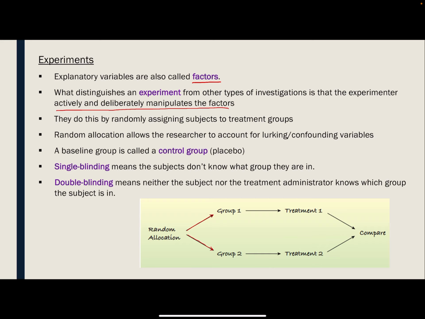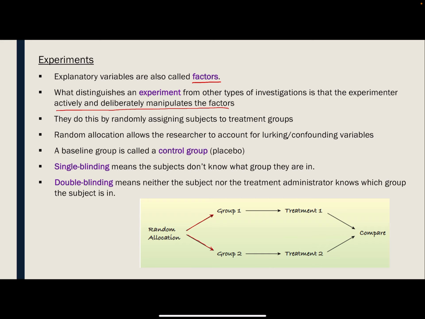So for example, right now there's a lot of COVID vaccine experiments going on. There's obviously a placebo group, and then there's going to be a group that gets the vaccine. And there's probably more than one group. I don't know the full extent of the experiments. But single blinding would be that the person who's receiving the shot does not know if they're getting the placebo or the vaccine.